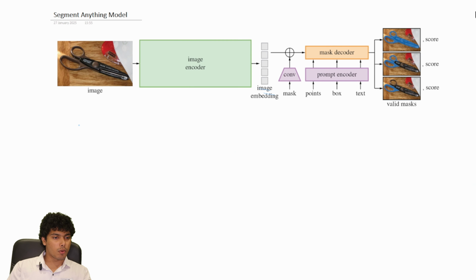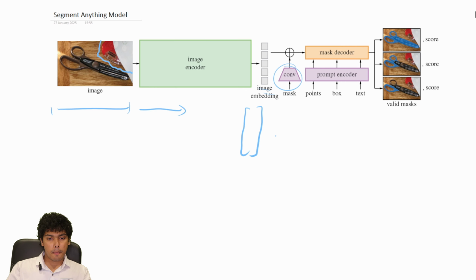So as we discussed before, we provide an image input to the model. It encodes the image to form image embeddings. Here we may or may not specify the mask embeddings, which specify how much of an area of an image we would like to work on.